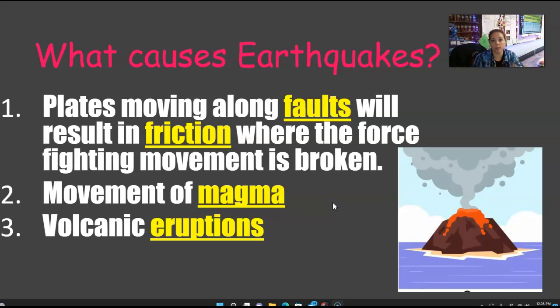We're a big ball of magma floating on a little dried up, solidified crust on the top, right? Okay, so the third thing is volcanic eruption. If you've ever seen any of the movies, you'll notice typically when there's a volcanic eruption, there is an earthquake. And yeah, that does force movement because it's throwing up a whole bunch of magma.